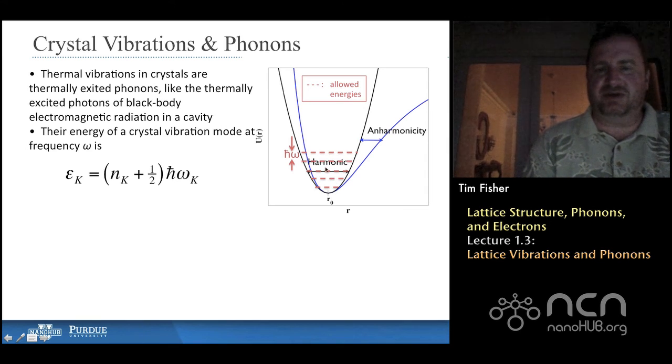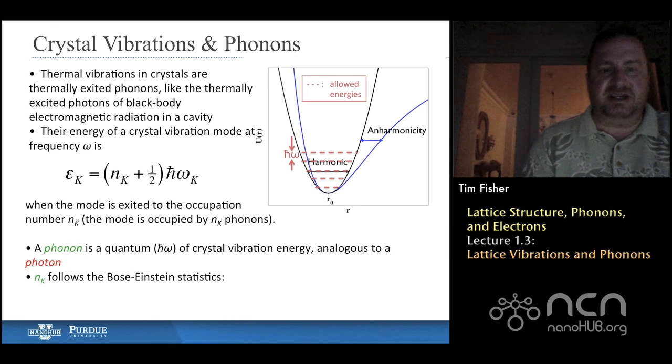And those discrete values are each separated by h bar omega. And so this quantum energy is related to the number of such phonons multiplied by h bar omega and the 1/2 term for zero point energy. So again, these are intimately related.